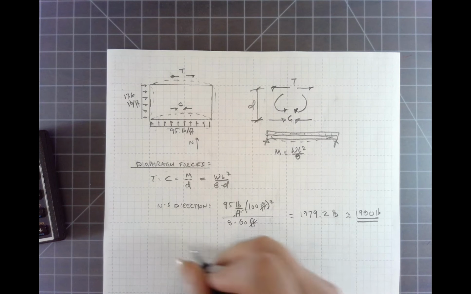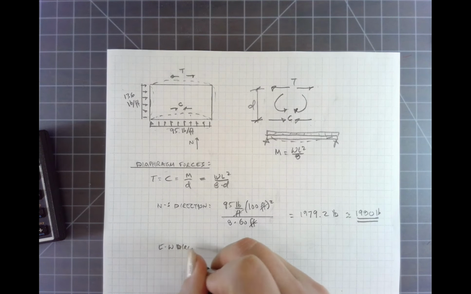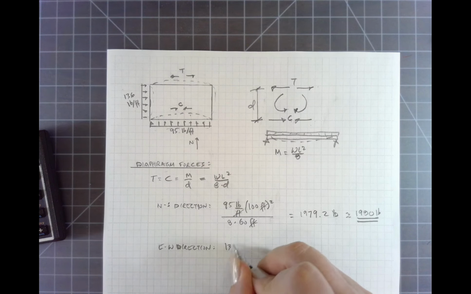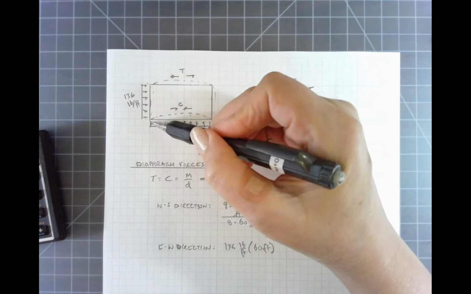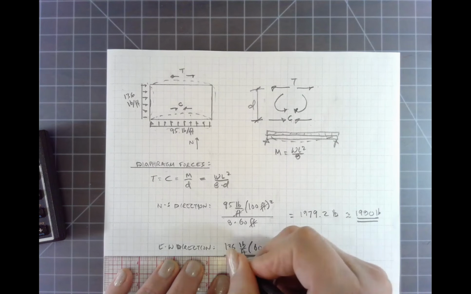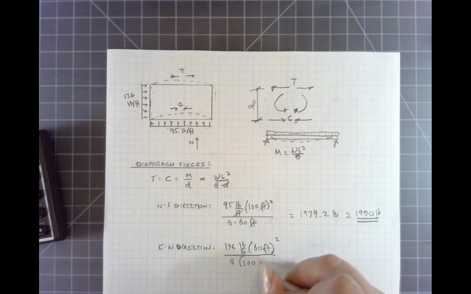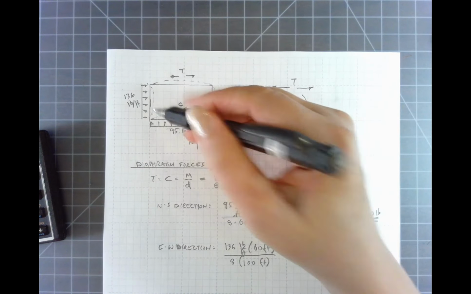In the east-west direction, we have the same calculation but different forces and different distances. So it's 136 pounds per foot times our span of 60 feet, not 100 feet, 60 feet because it's going this way. Square that, divide that by 8, and our D is now 100 feet because the surfaces we're interested in are this one and this one.